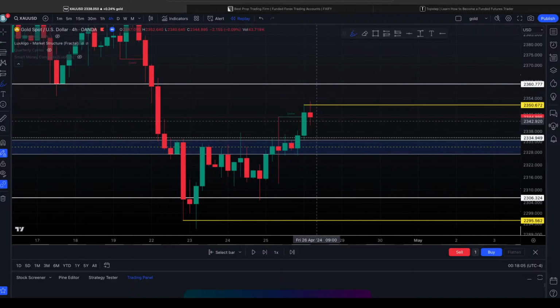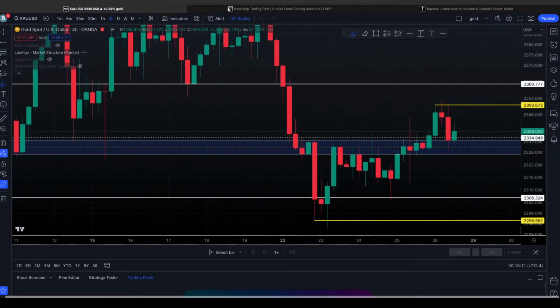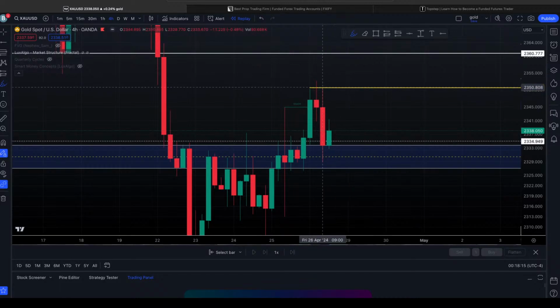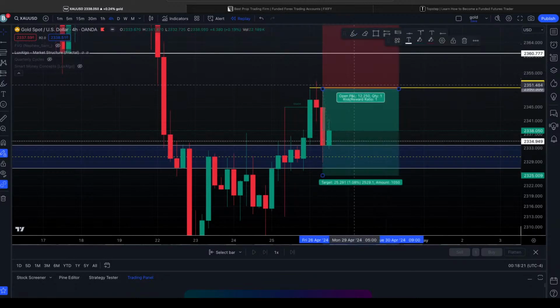As you can see, at 9 o'clock this next candle opened up. Look at what it ended up doing. Right when it tapped this yellow line, that's what I was waiting for, and that's where I took my short.